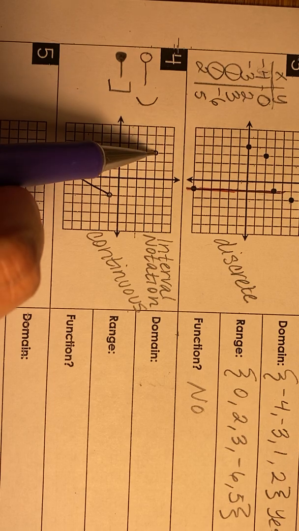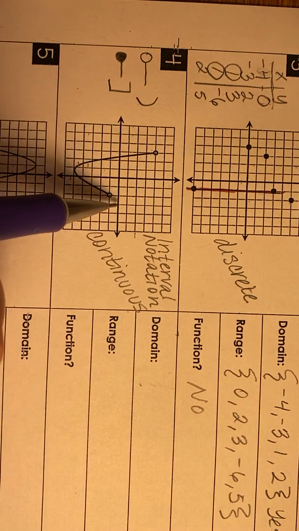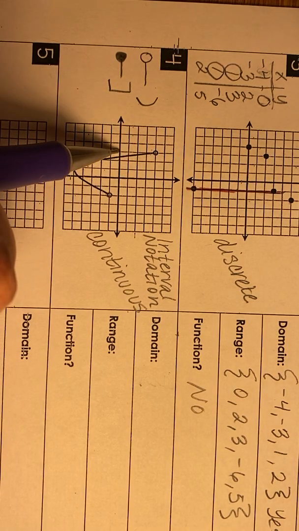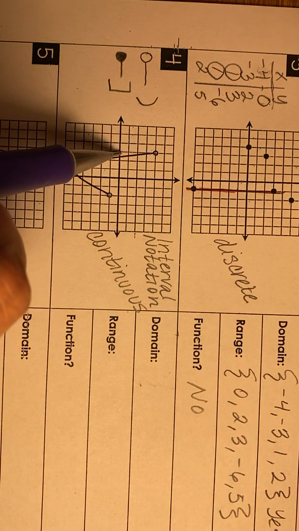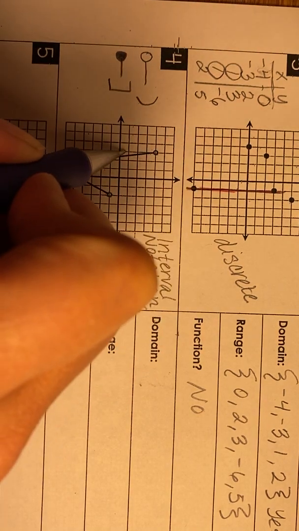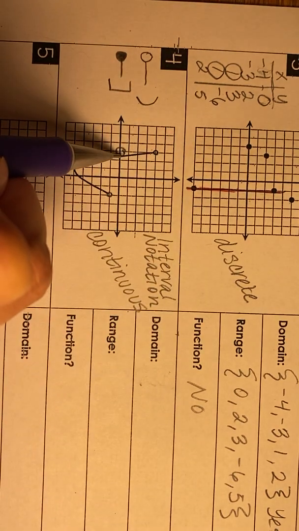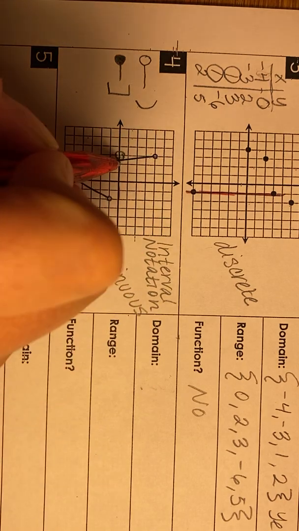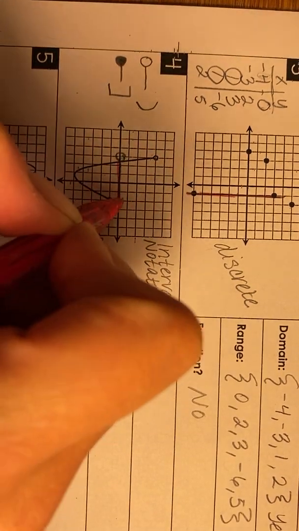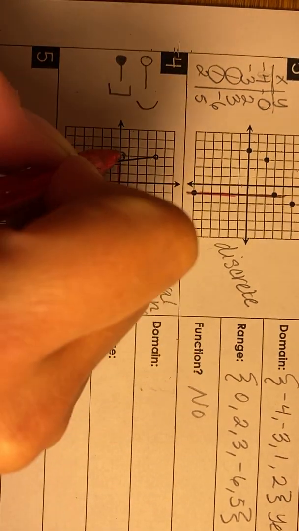So my minimum x value, the one that's furthest to the left, is this. I'm going to take it down here to the x-axis and I'm going to bring it over. Okay, and again, this is where those colored pencils come in handy. And I'm going to bring this one up.